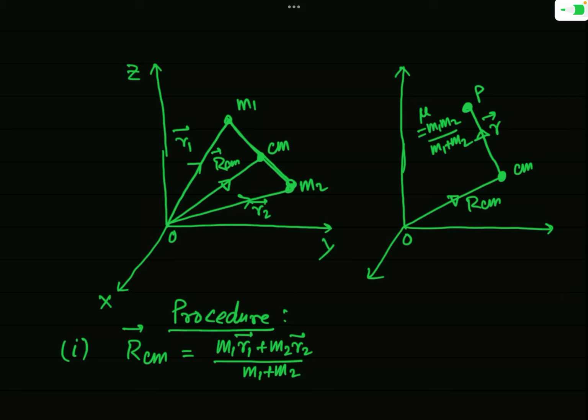Then you have to forget that in our system there were two masses. Now think that there is only one particle in this system, and the mass of that one particle is mu, and its position vector with respect to the center of mass of the system m1 plus m2 is R, which is actually equal to R1 minus R2.